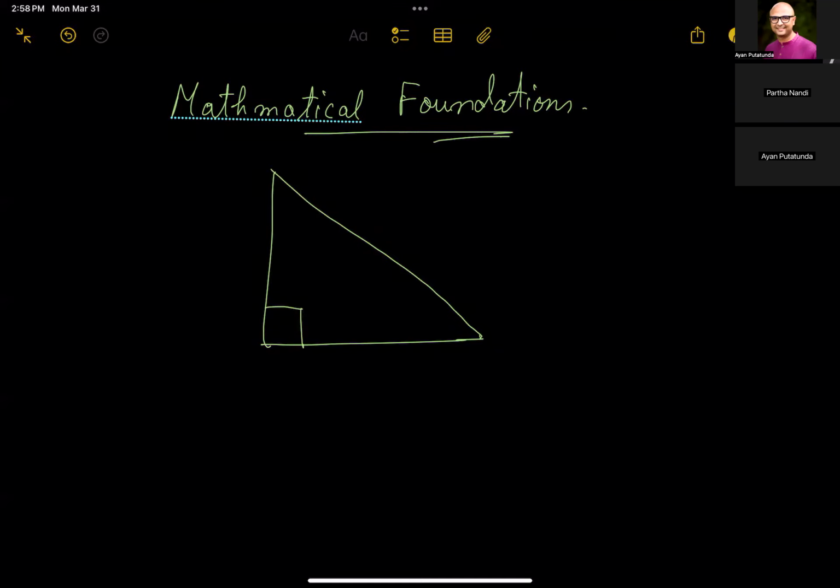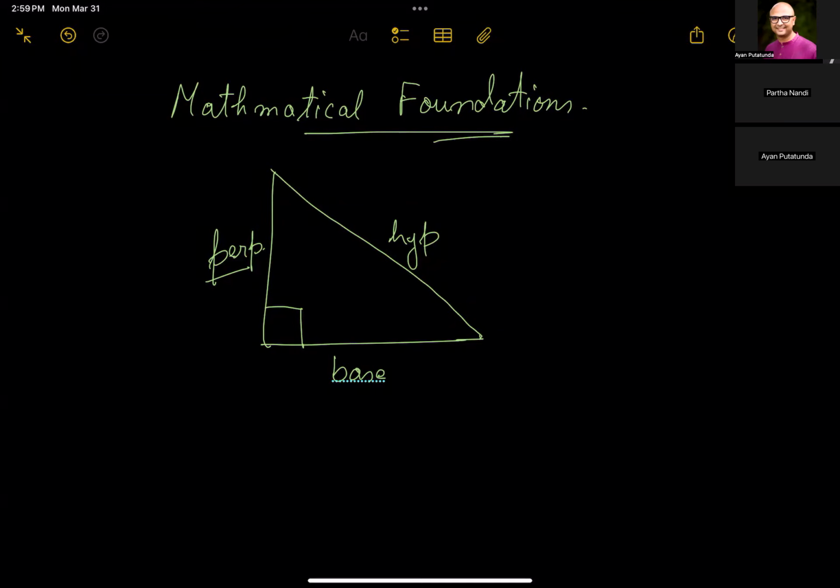We know this is called a base, this is called a hypotenuse, and this is sometimes called altitude, sometimes called perpendicular. So according to the theorem of Pythagoras, what do you know?